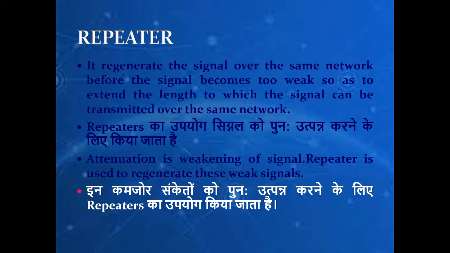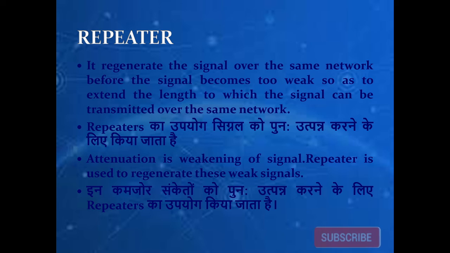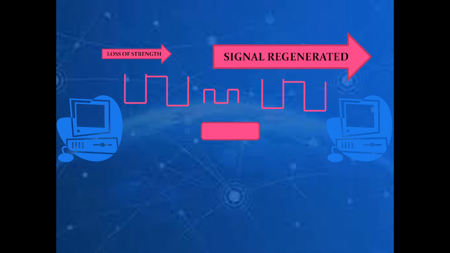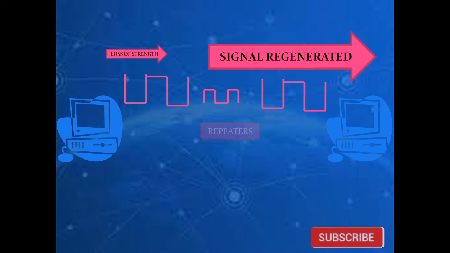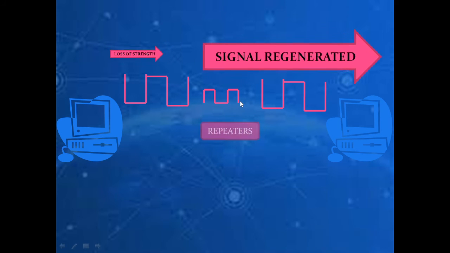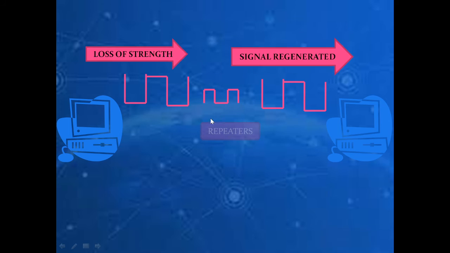I hope you have understood the function of repeater, and let me show you one diagram of the working of repeater. Now here see, beta, suppose we are transferring a signal from computer 1 to computer 2, and here the signals are transmitting, but here it is getting weaker. So we have to place a repeater here, so that the signal will be regenerated.